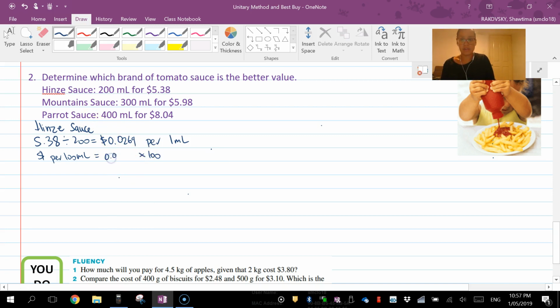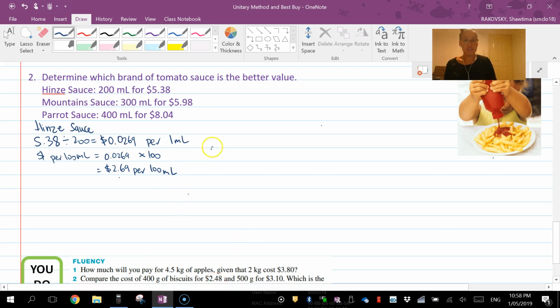So 0.0269, too many nines, gives us $2.69 per 100 mils of Heinz tomato sauce. So that is the other way that you could do this. Find out how much it is per one, and then multiply by however many mils you're deciding to go by. So you might go by 1,000 mils if you want to go per liter.